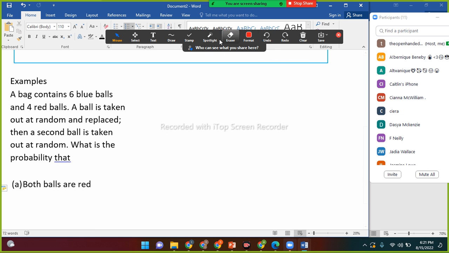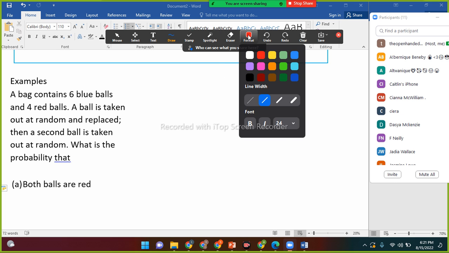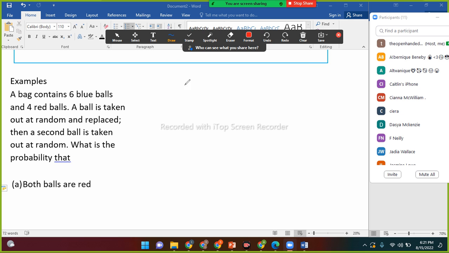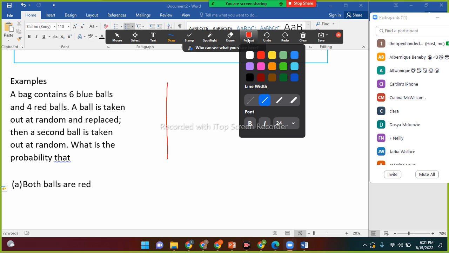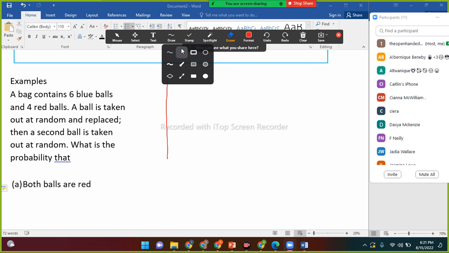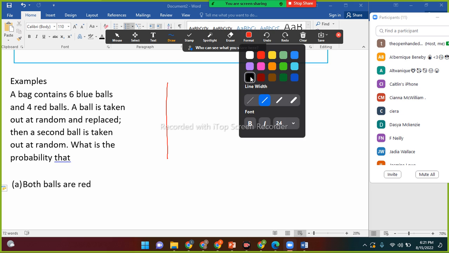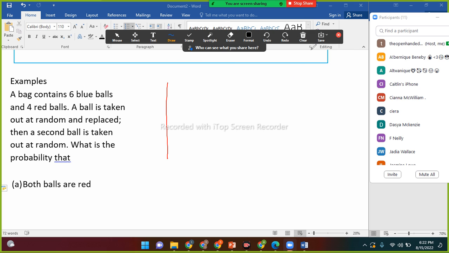So again, let me explain to you what the experiment actually is, so you can have an idea of what's happening. Sorry, let me erase this so you can see what's happening properly. So we have a bag. We have a bag.